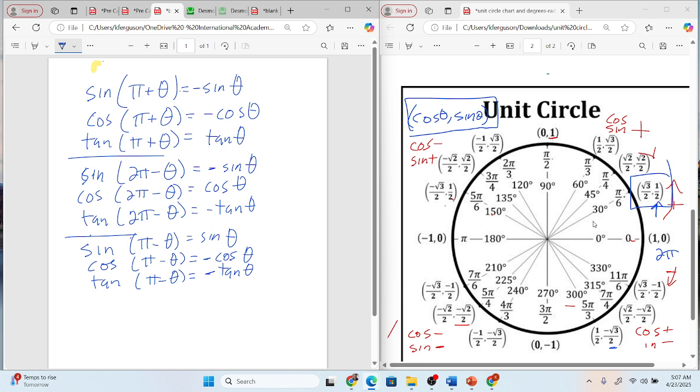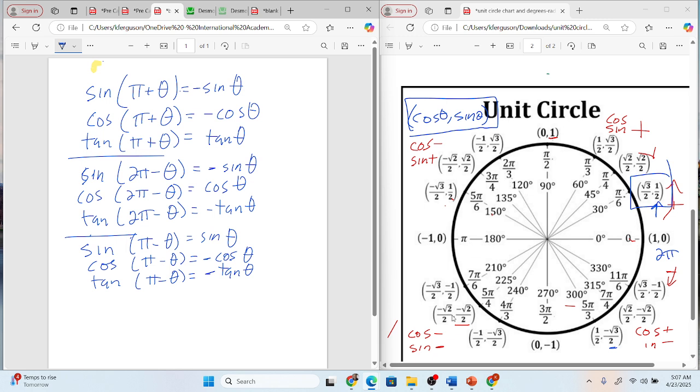Let's show again, cosine. So if I'm doing cosine of 45 degrees, and I add 180 to it, so that's what pi is. Cosine of 45 degrees is square root of 2 over 2. So I'm going to go to the 180, and then I'm going to add pi over 4 or 45 degrees to it.